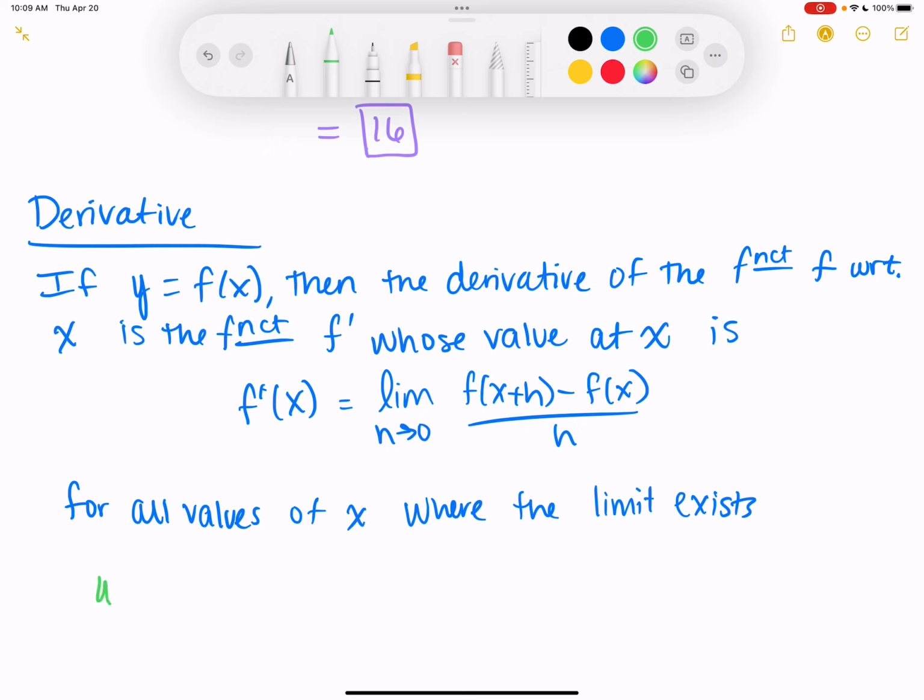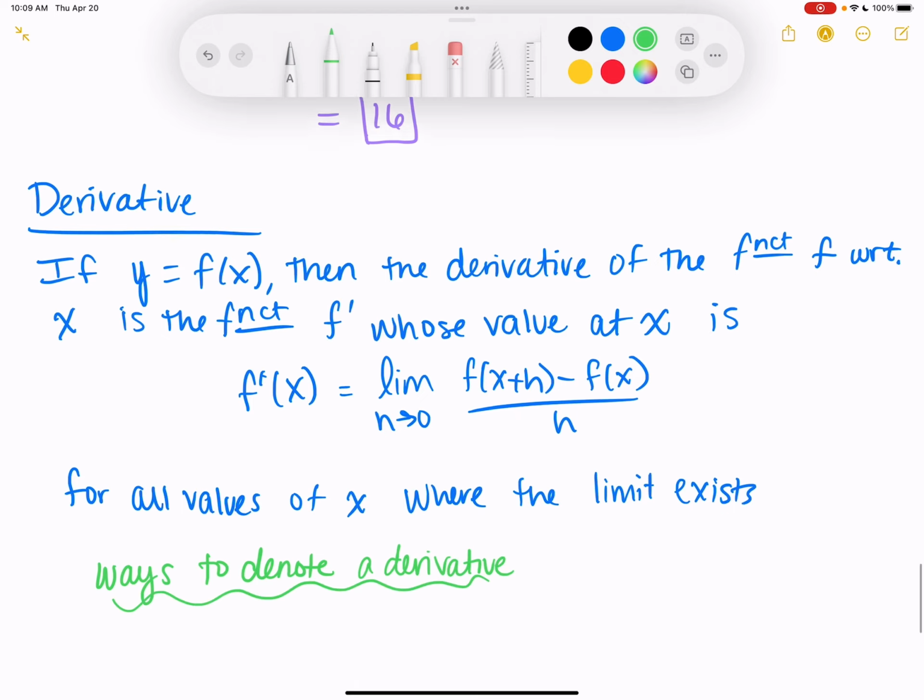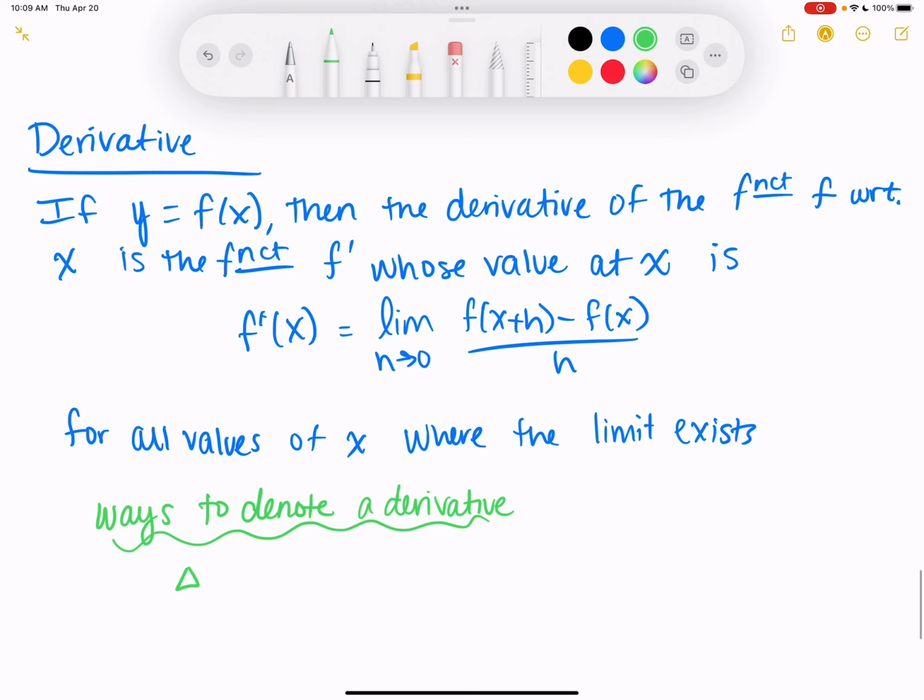So some ways to denote a derivative, and they all mean the same thing. It's just the different ways that you may see it written. You could have delta y over delta x, which obviously is like slope.